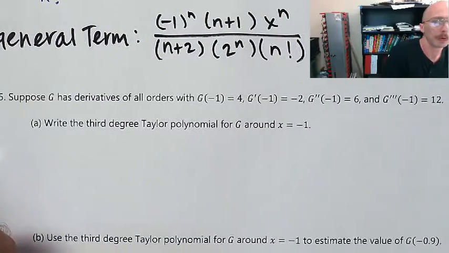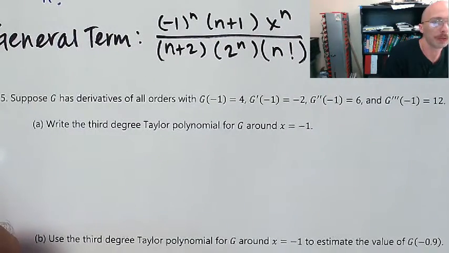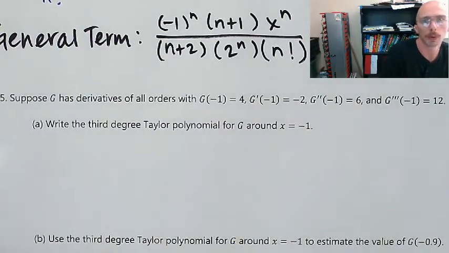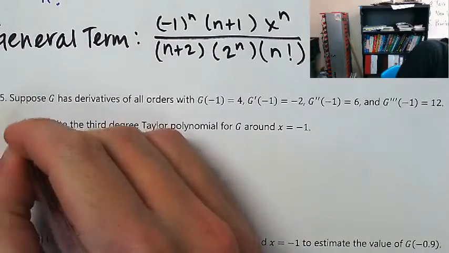Okay, so suppose g has derivatives of all orders with g of 1. This is basically a table question, right? They just didn't put it in a table. Write the third degree Taylor polynomial for g around x equals negative 1. Okay, well, I'm going to write down the skeleton.